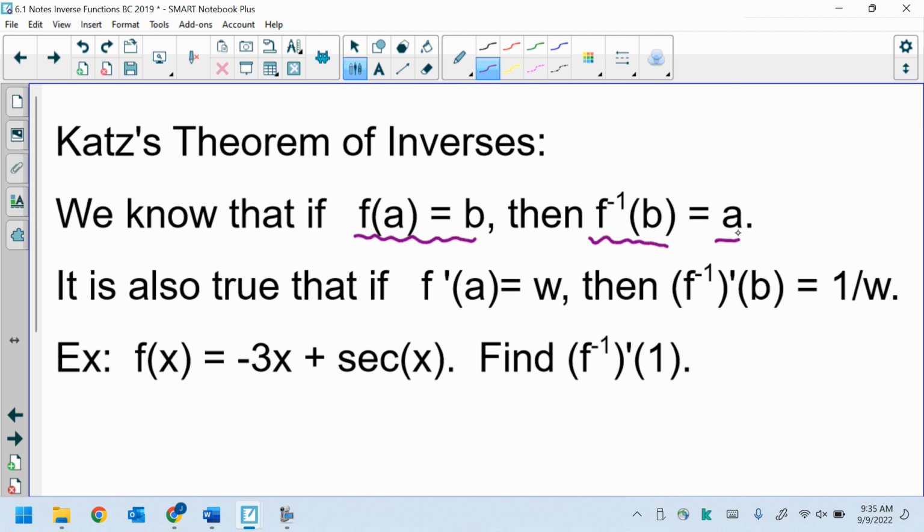Now what's also true, but is not as widely known, is that if f primed of a is equal to w, if we take the derivative at a of the function, we get a value w, then the derivative of the inverse evaluated at b is equal to 1 over w. It's equal to the reciprocal.